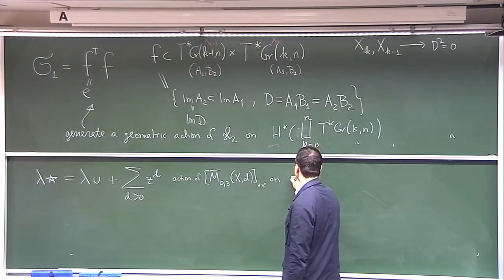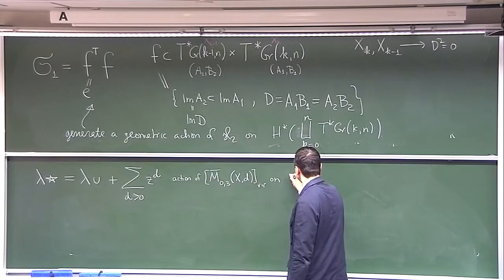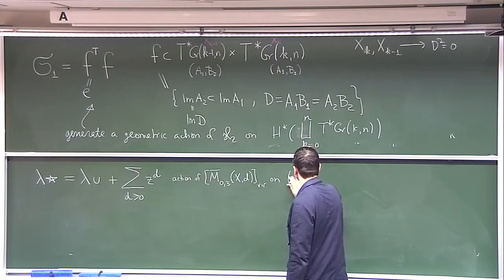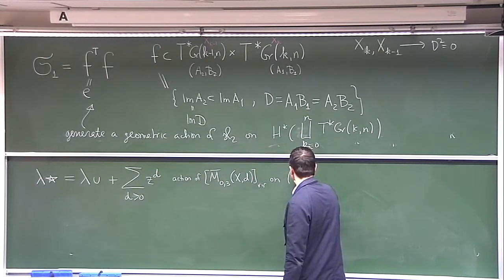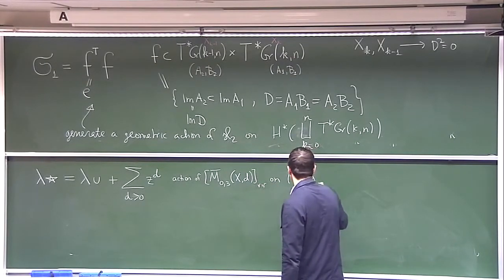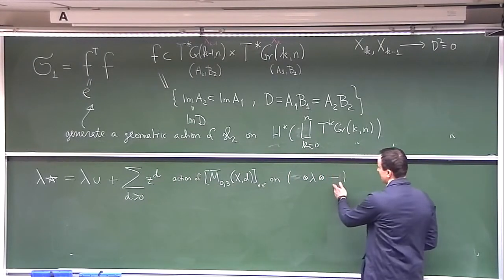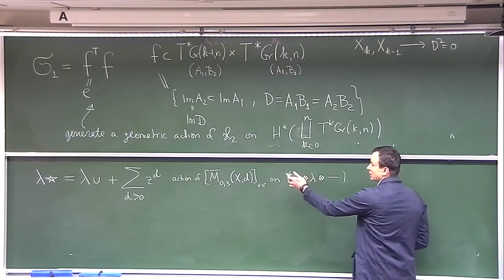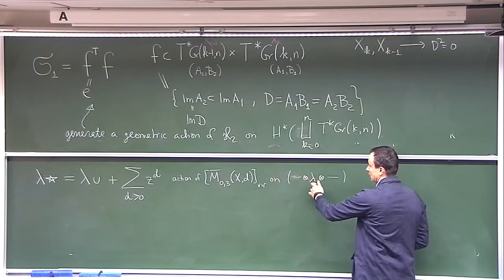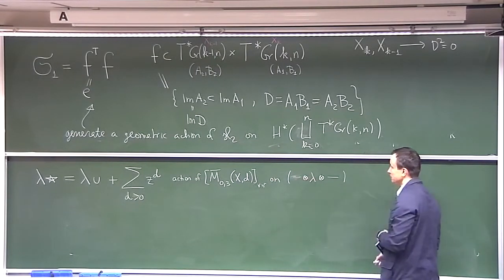So you take three entries here somehow, you plug in your class, then you take the divisor, then you take the lambda class, and then here you take the output.